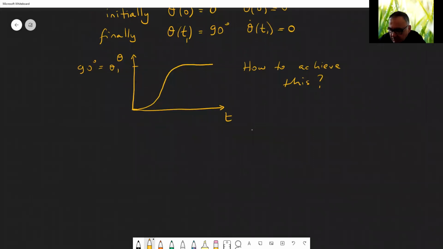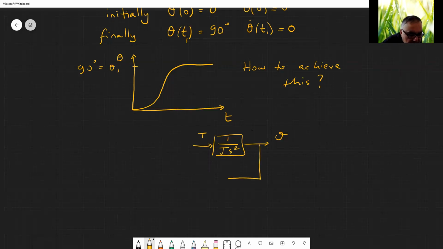Basically, we do something like this. This is the torque that is applied, and this is theta, and as you know, it's 1 over J s squared box. Okay, we measure theta by some sort of measurement. Then you have the motor.